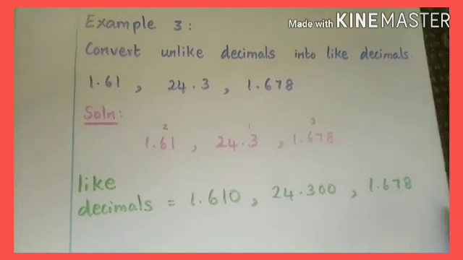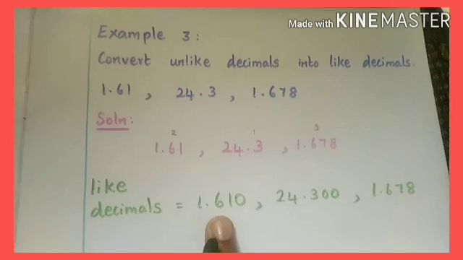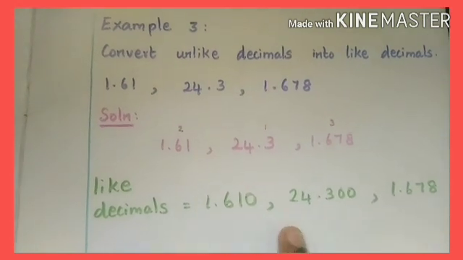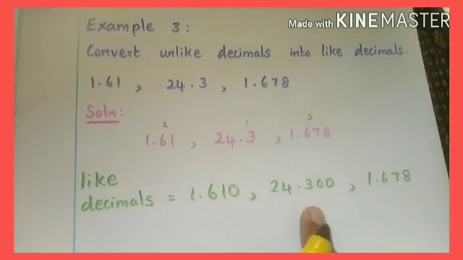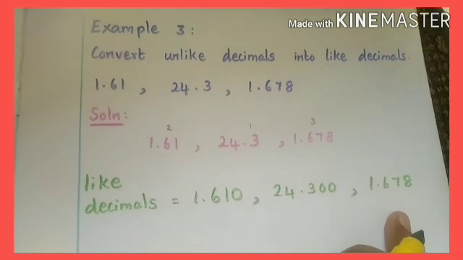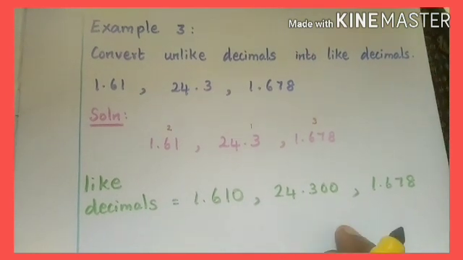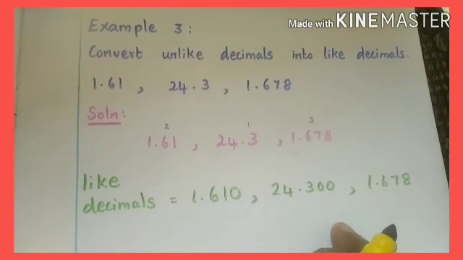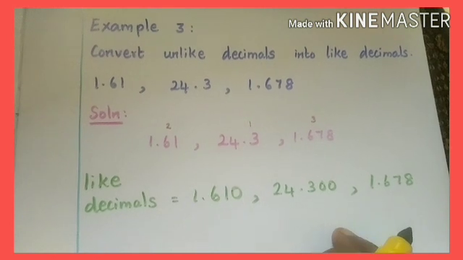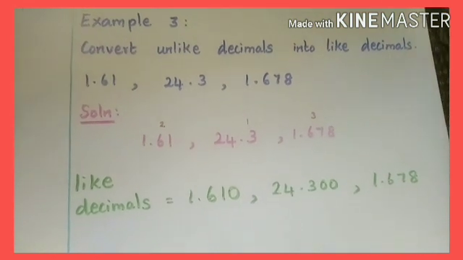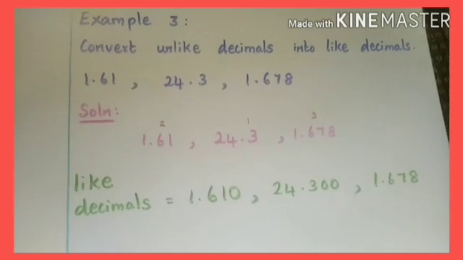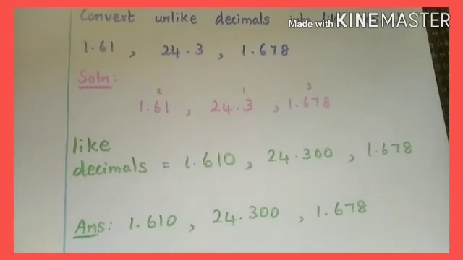And 1 and 678 thousandths we write the same because there are 3 decimal places. Now we get the answer as 1 and 610 thousandths, 24 and 300 thousandths, 1 and 678 thousandths.